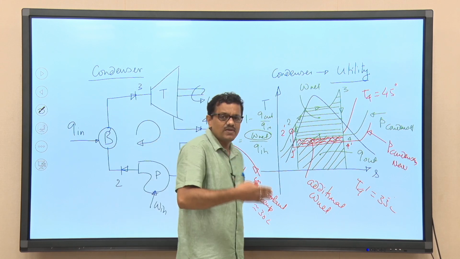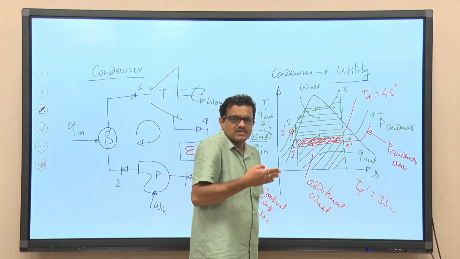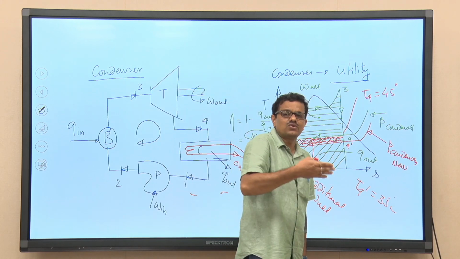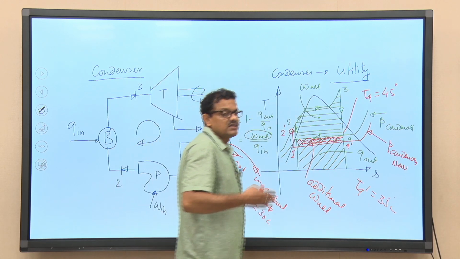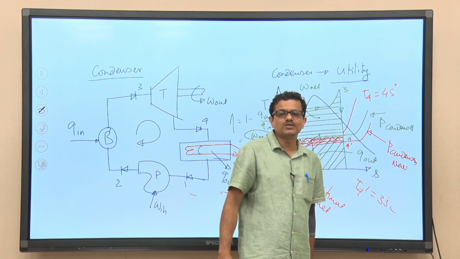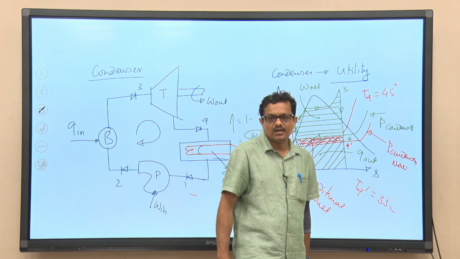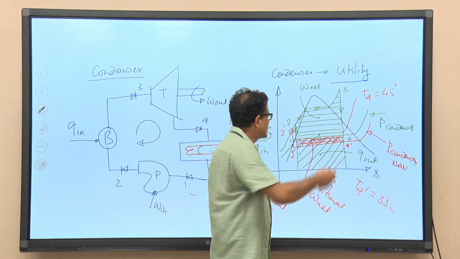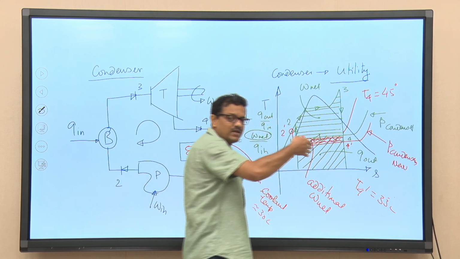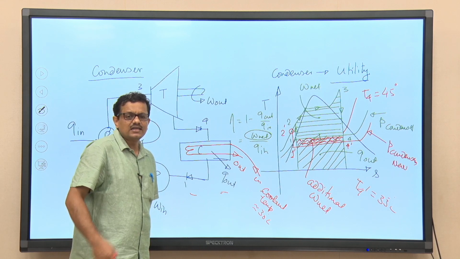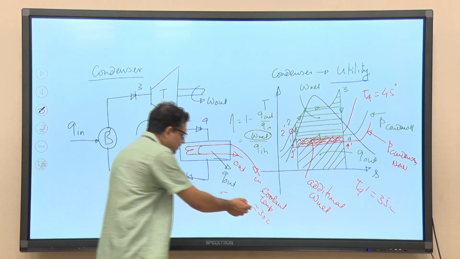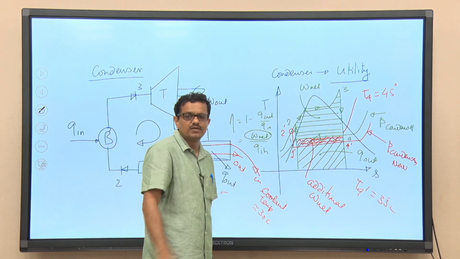Normally it is taken that condensers are allowed to work below atmospheric pressure. You can understand the saturation temperature corresponding to atmospheric pressure is 99.99. In that case, if we consider steam, temperature at the exit of the turbine will be 99.9, and if the coolant temperature is 30 degrees, a high degree of irreversibility will be there.